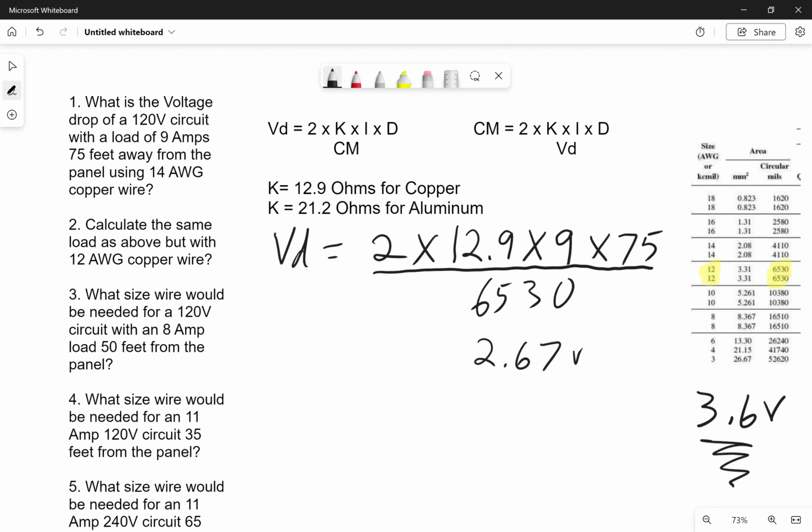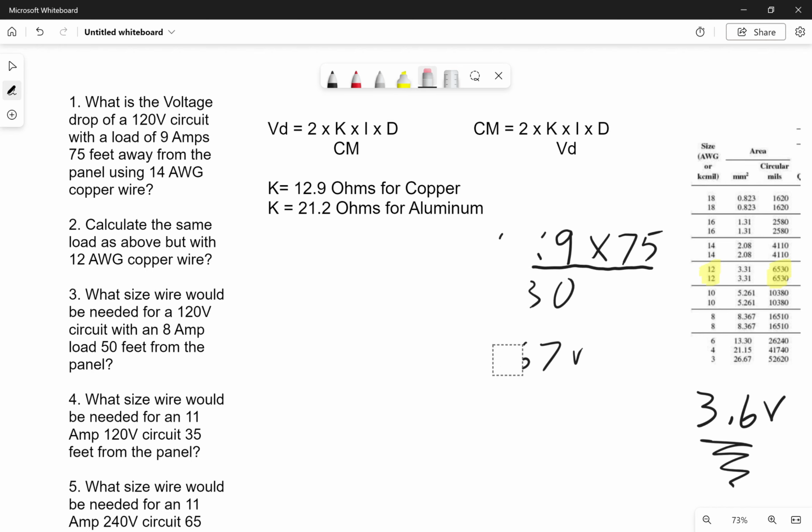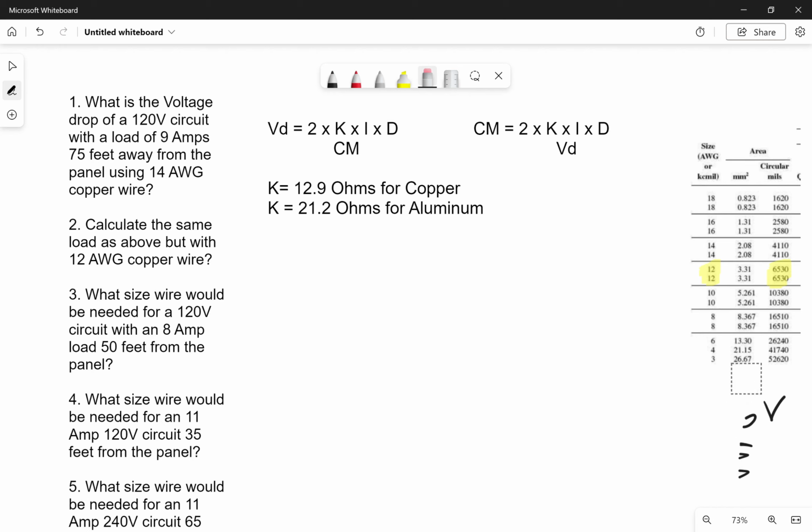But it's a rather inefficient way to find what wire size we need. Like, we could plug in all the different wire sizes until we found the one that was the closest to being within our range for voltage drop. But if we are looking to find the wire size that we need, it's much more efficient to rearrange this formula to look for the wire size, because we know what the allowable voltage drop is, so we already have that parameter.